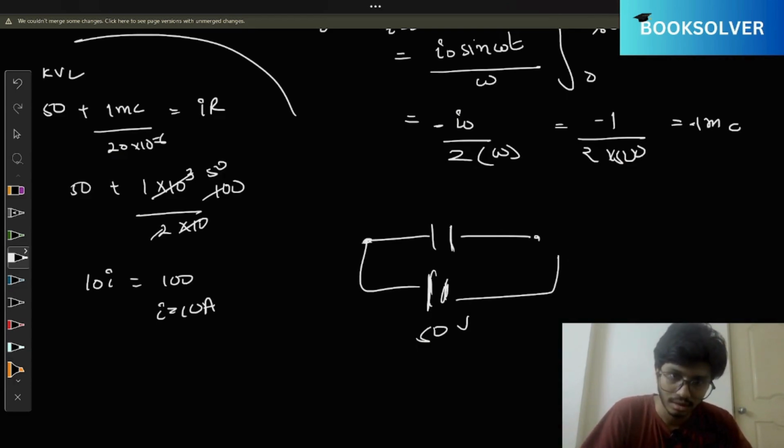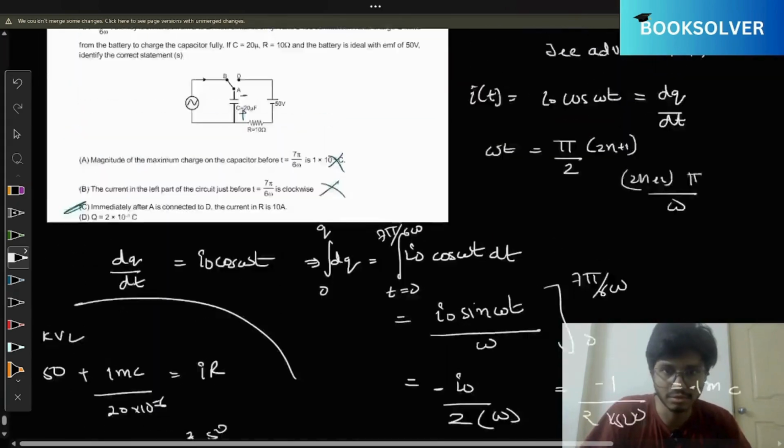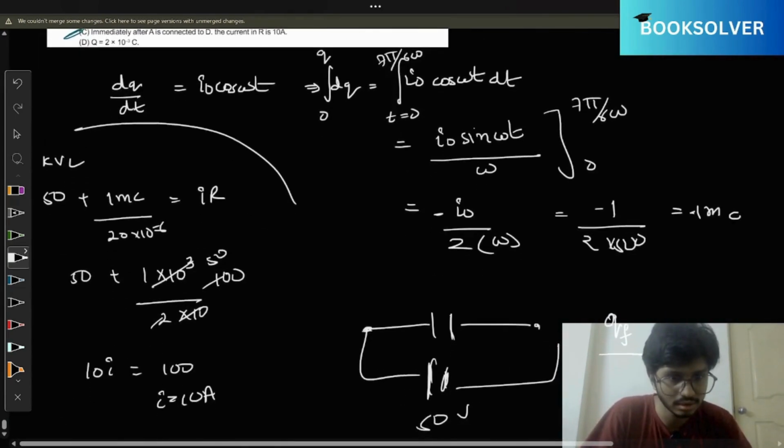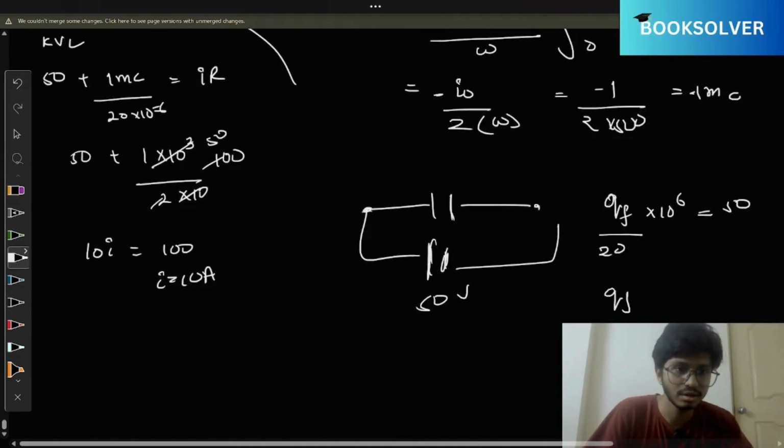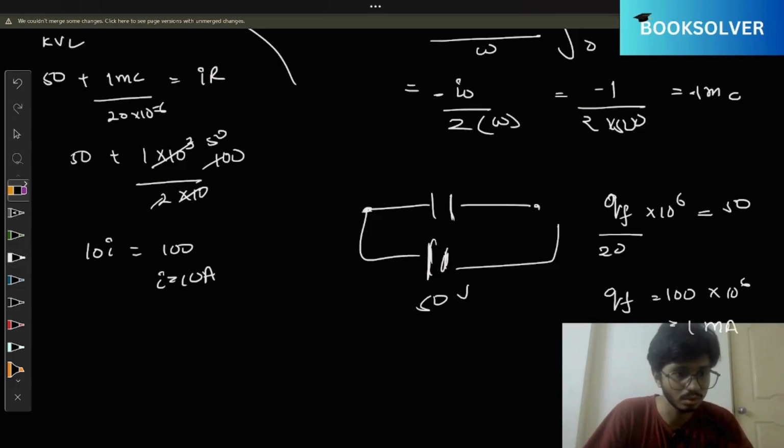So that implies that Q final upon C, where C is 20 into 10 to the power minus 6, is equal to 50. So Q final is basically 1000 into 10 to the power minus 6, which is 1 millicoulomb.